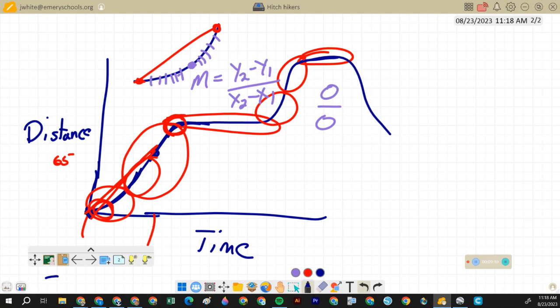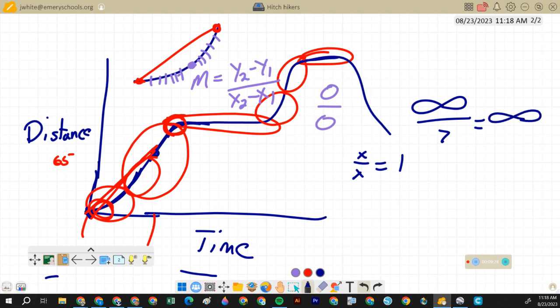Okay. What happens? So x over x equals 1, right? But what is infinity divided by any number? Infinity.